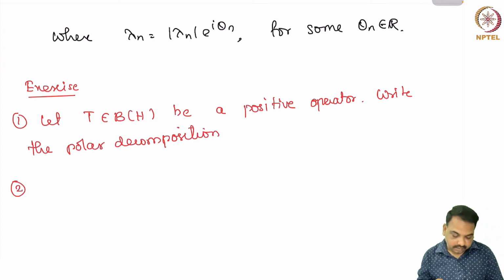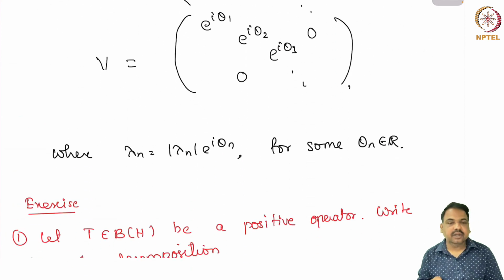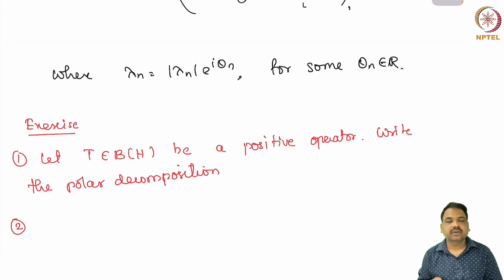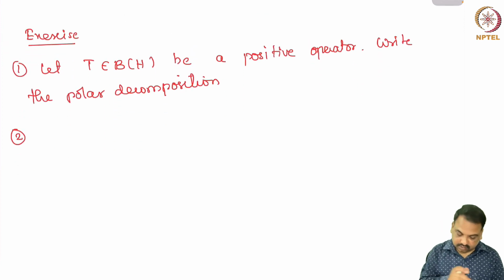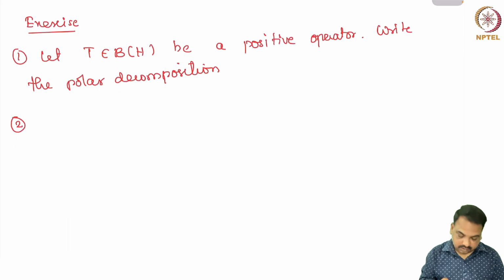Let me mention again. It may be possible to write T equal to V1 |T|, and also equal to V2 |T|. But whenever the null space of the partial isometry equals the null space of |T|, then only we can say that it's a polar decomposition. Otherwise, it's not a polar decomposition. So you should be very careful while writing the polar decomposition of an operator.